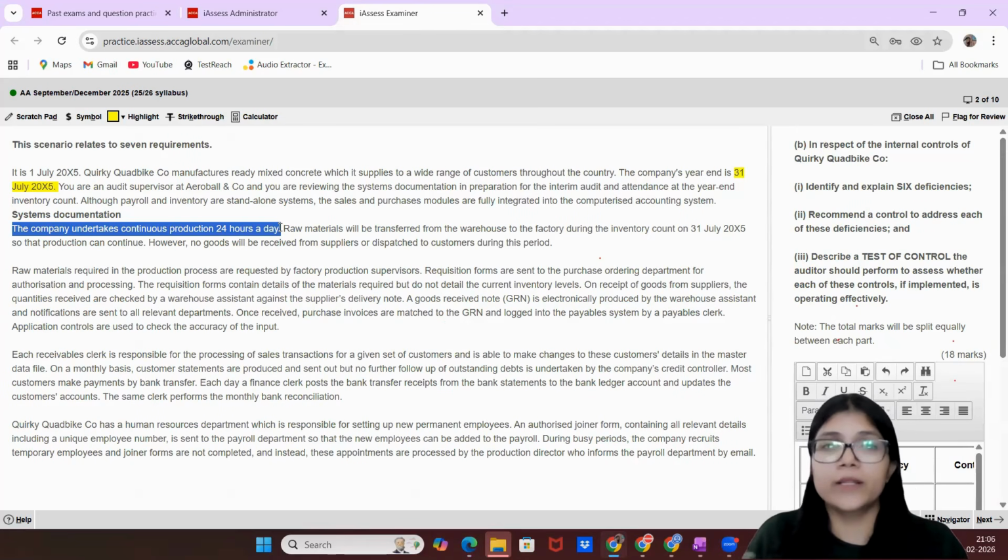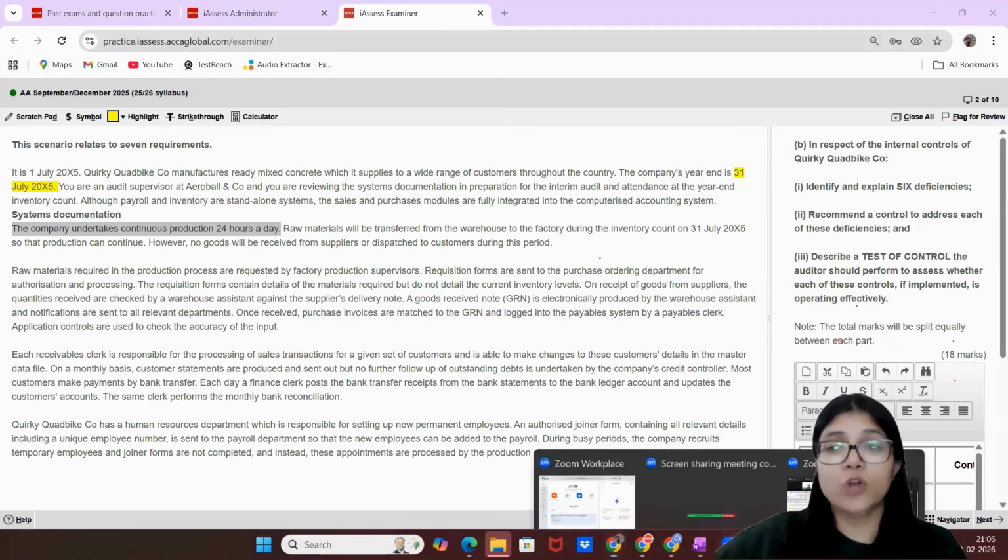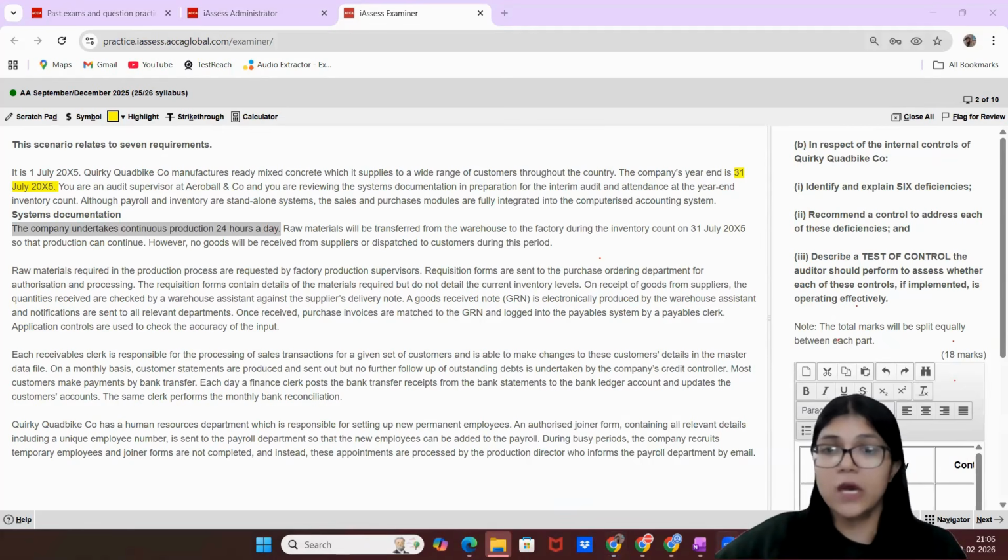They won't be able to make their goods in those 24 hours, and due to which the supply would be an issue, right? So we cannot ask them to stop their production, stop their processes, because ultimately what about the efficiency that they're maintaining, right? The customers might get disheartened, or they might not get the products on time because the company stopped their production or stopped the movements at a point in time. So that is not a correct recommendation for this.